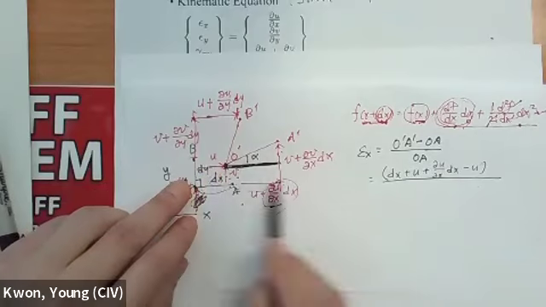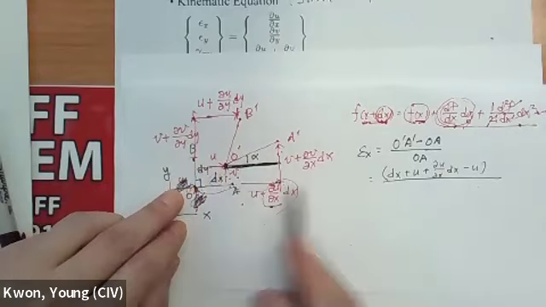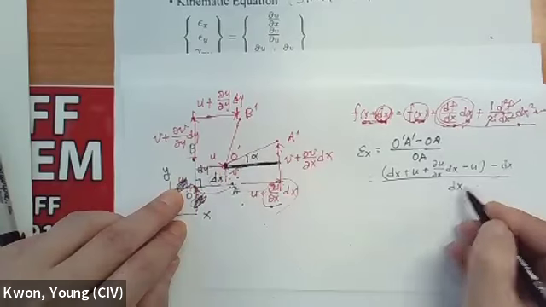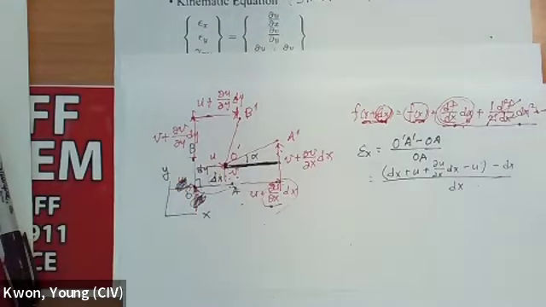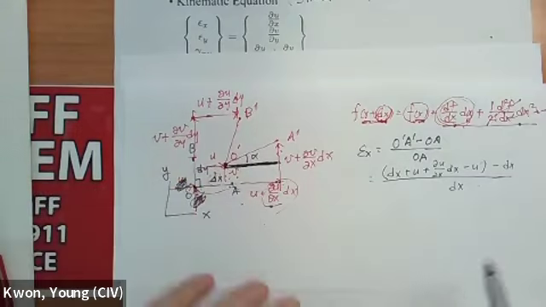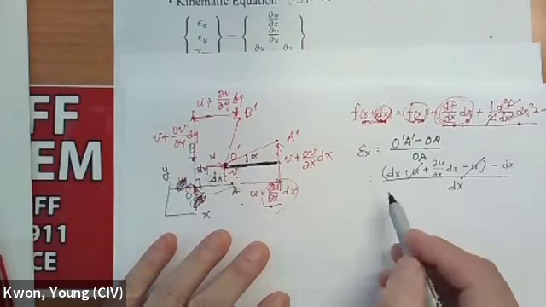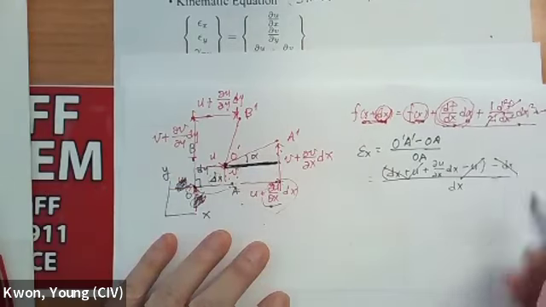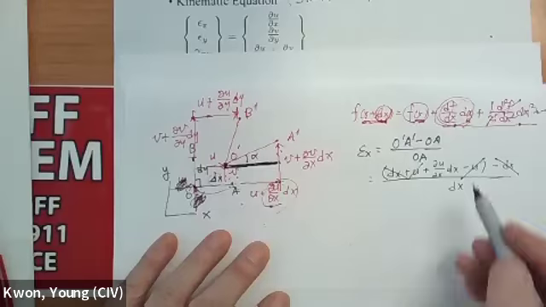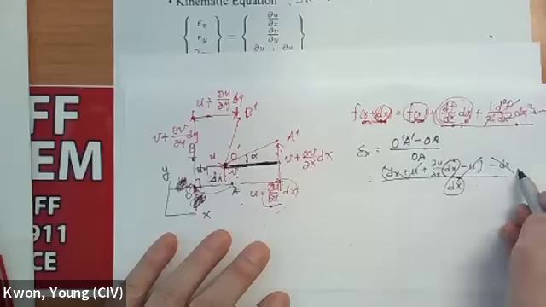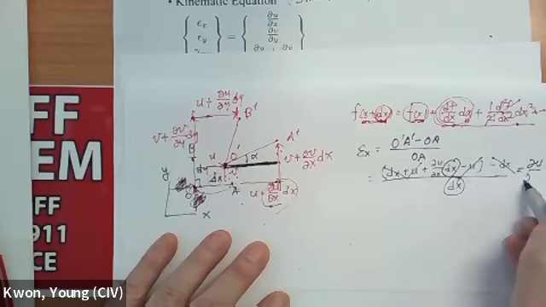Minus OA. OA is going to be dx, right? So if you simplify this, u cancels out, dx cancels out, and dx cancels out. What do you get? du/dx.